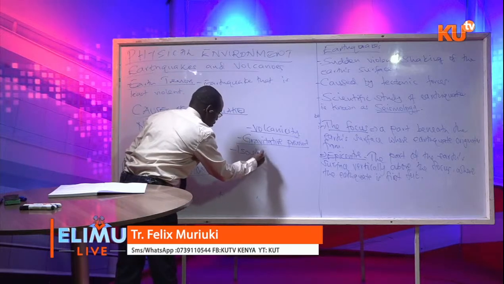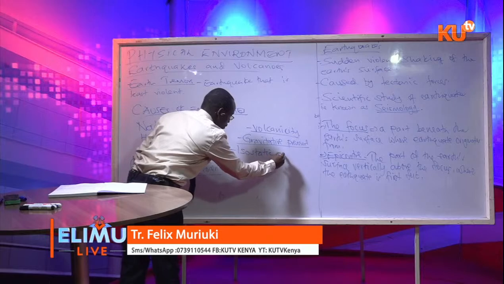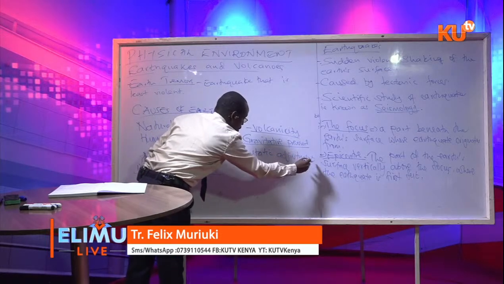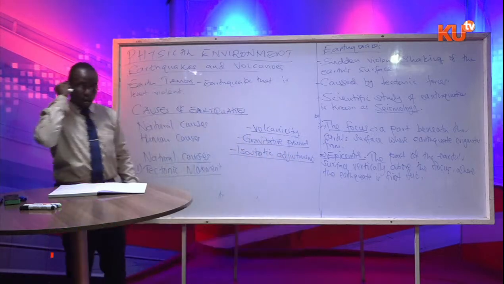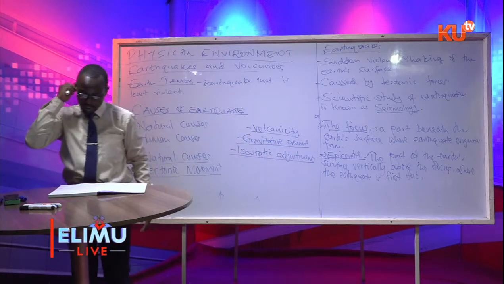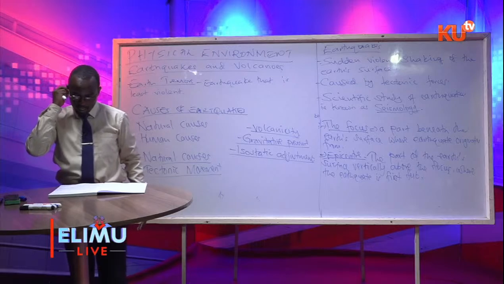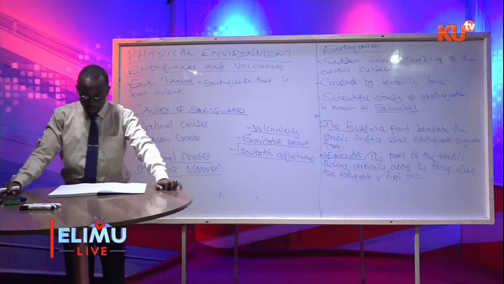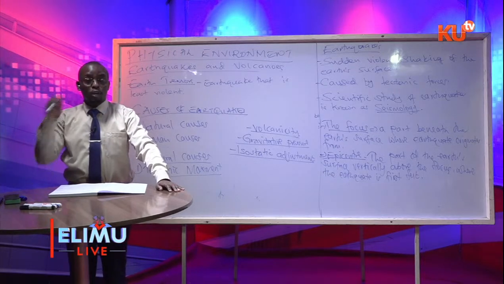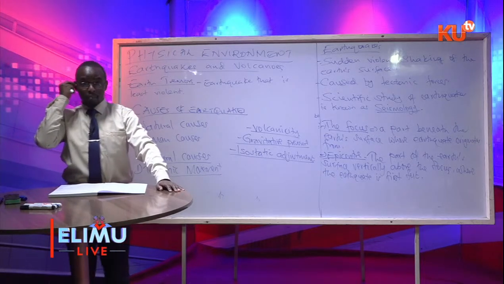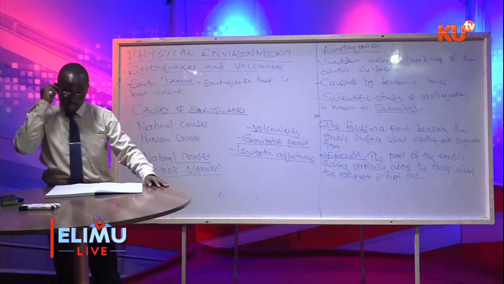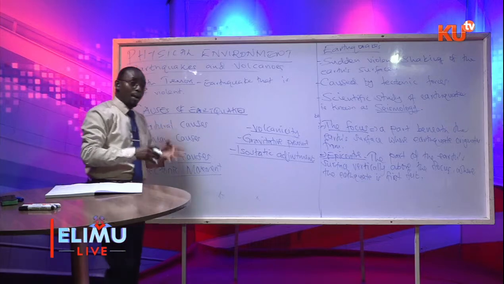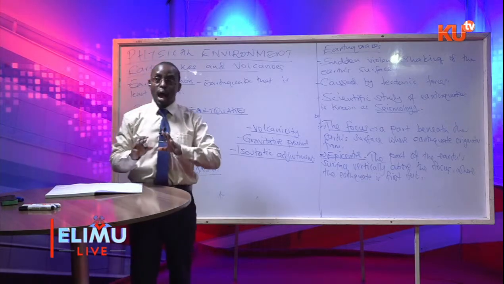Then we also have what we call isostatic adjustment. So isostatic adjustment is whereby we have the state of equilibrium that every time takes place on the earth's surface between the upper mantle and the lower mantle.